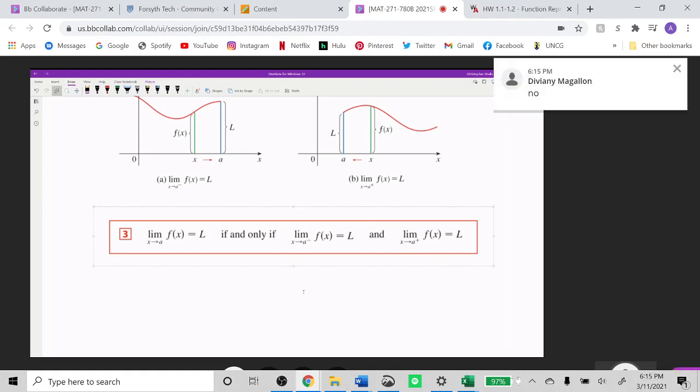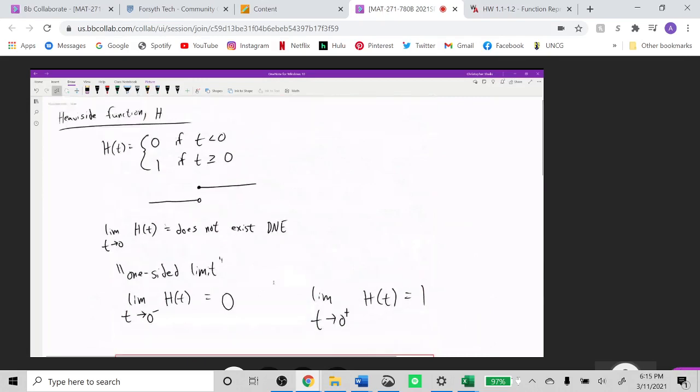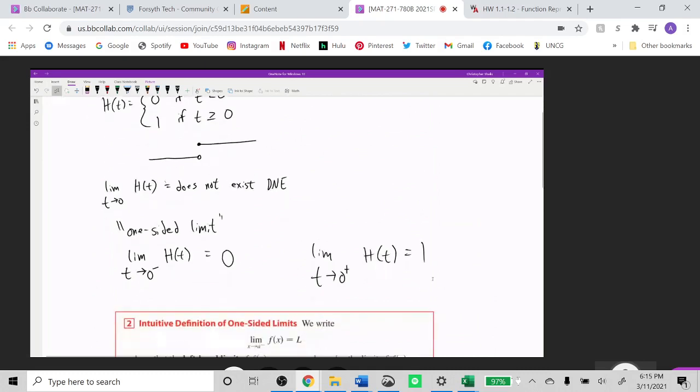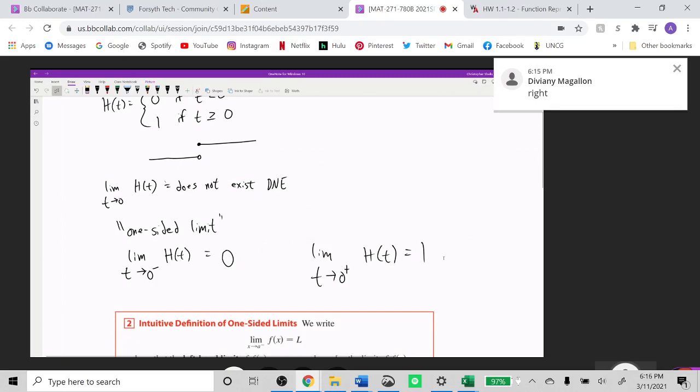An example is this Heaviside function. Our left-hand and our right-hand limits are not the same, right? Because these one-sided limits are not the same, we say that the limit does not exist.